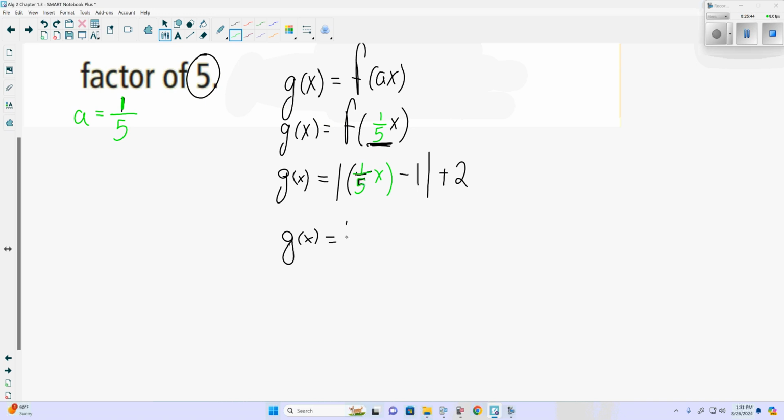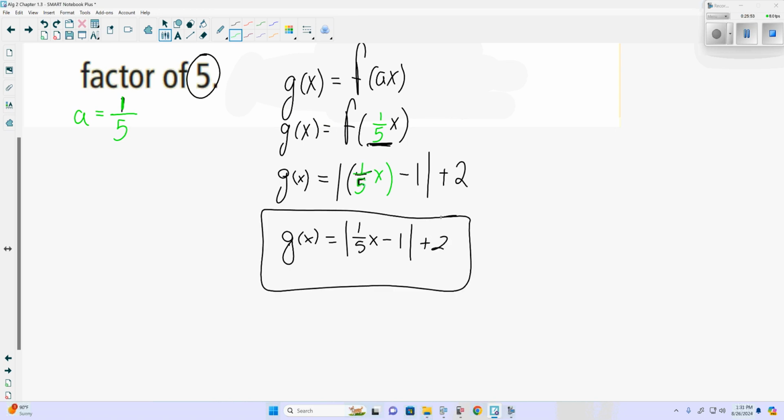And since there's nothing in front of the 1/5 x, we can drop the parentheses, telling us that our final function is the absolute value of 1/5 x minus 1, plus 2.